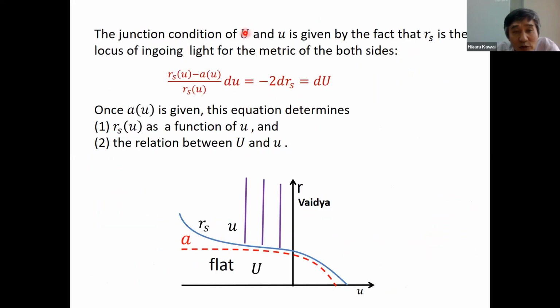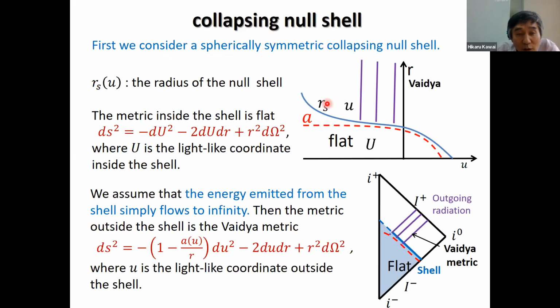The junction condition of capital U and small u is given by the fact that R_s is the locus of ingoing light for the metric on both sides. So if we see this shell from inside, this is a null shell, so the motion is given by setting this part equal to 0.